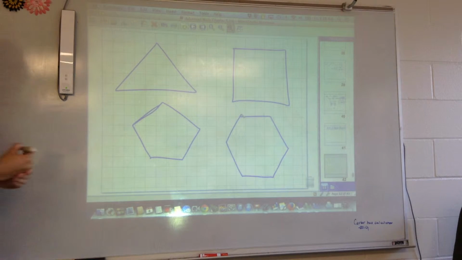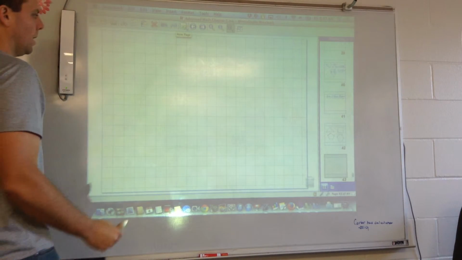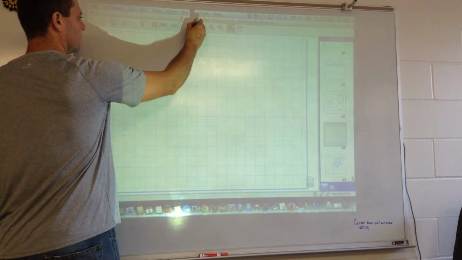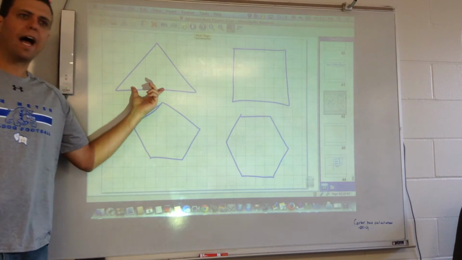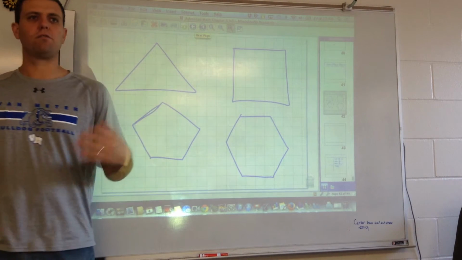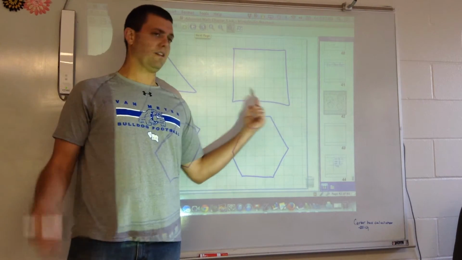So if we're going to find the area of these, obviously you have ways. For a triangle, if you know the base and the height, you can find the area. For a square, if you know the length of a side, you can find the area.